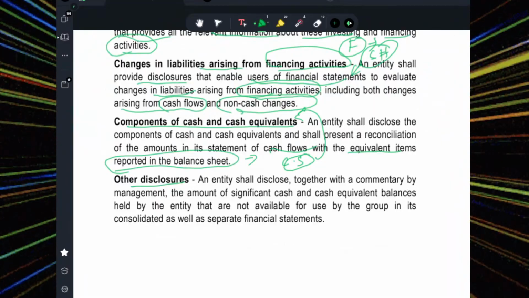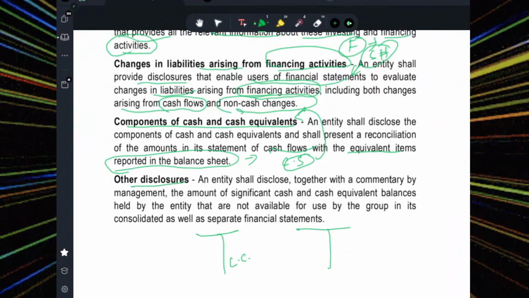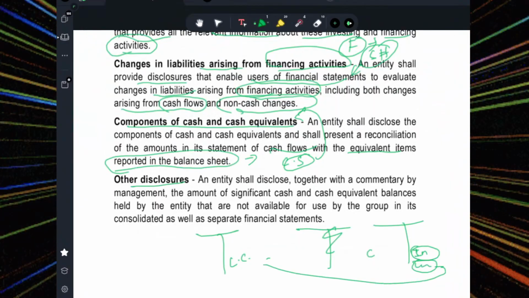Because in the balance sheet you have cash and cash equivalent, the same thing in the cash flow account. At the last you will say cash in, cash out. This closing cash should match the cash and cash equivalent balance on 31st March. So that is what is said in this component.